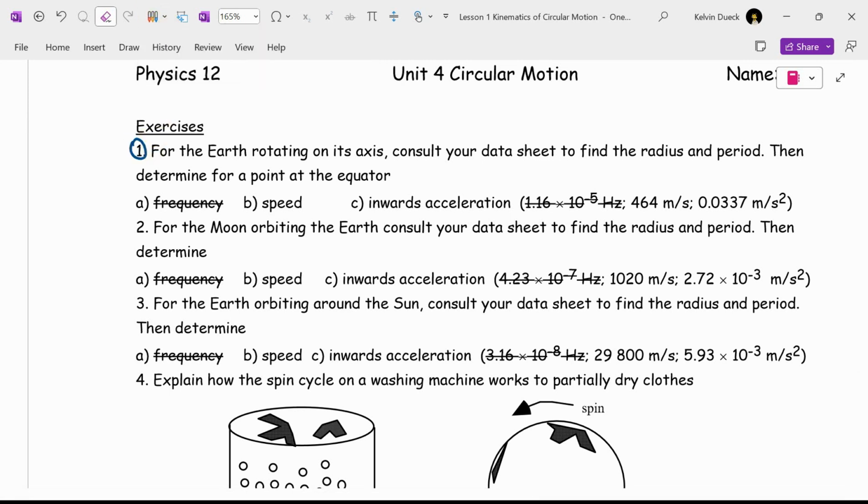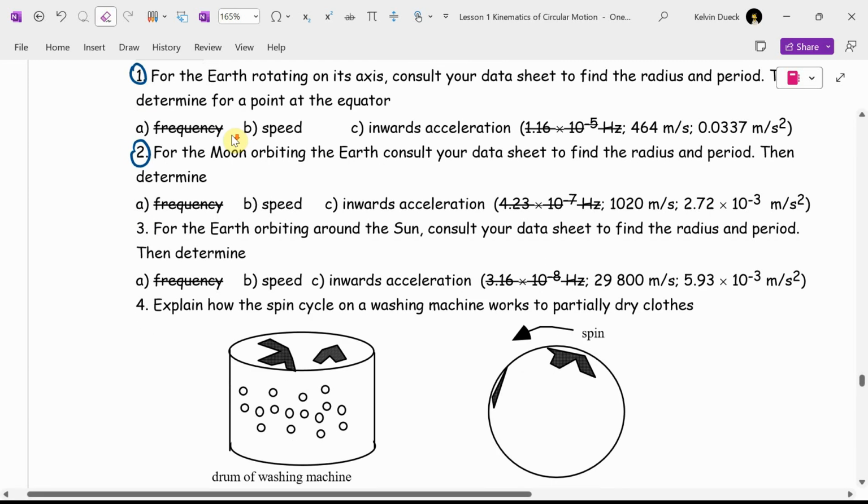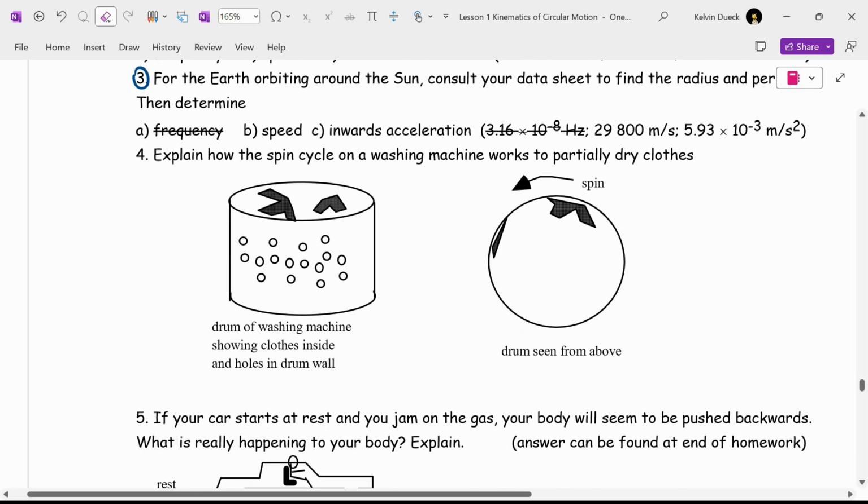Number one, this will be due Thursday next week because your test is Tuesday. Number two, number 3, take a look at number 4, please. It says, explain how the spin cycle on a washing machine works to partially dry clothes. You may have seen your washing machine during its spin cycle.